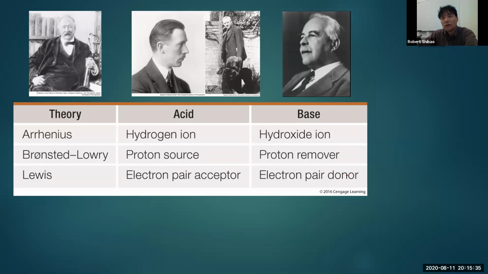Lewis. Lewis is like the universe of acids and bases. And sometimes studying the whole universe of acids and bases is too much. And then Bronsted-Lowry is like a smaller subset of this.